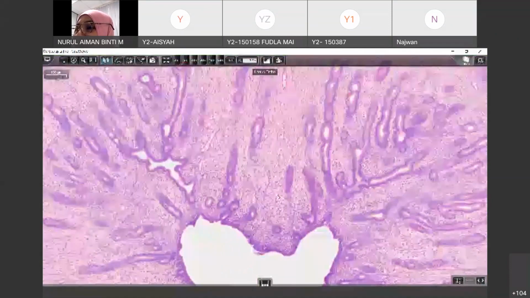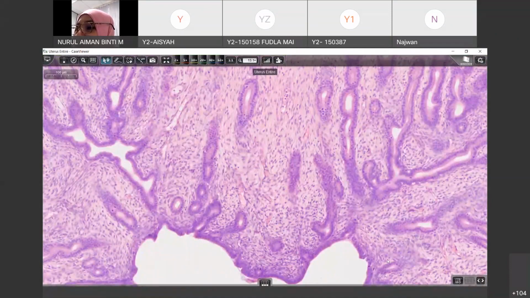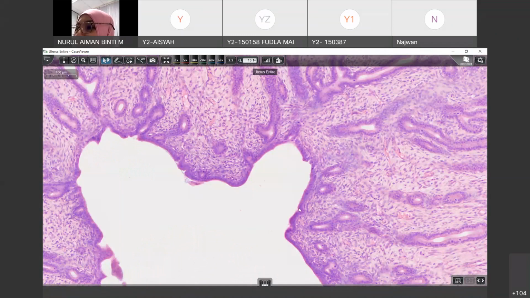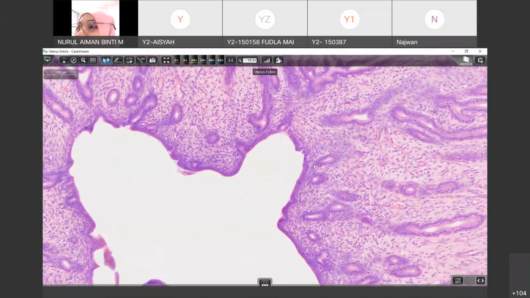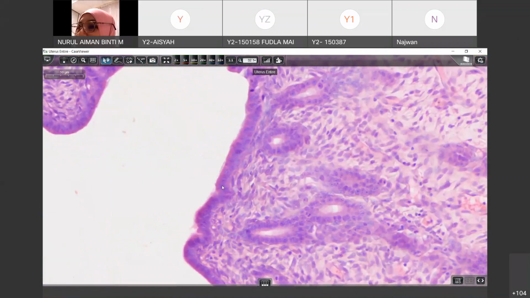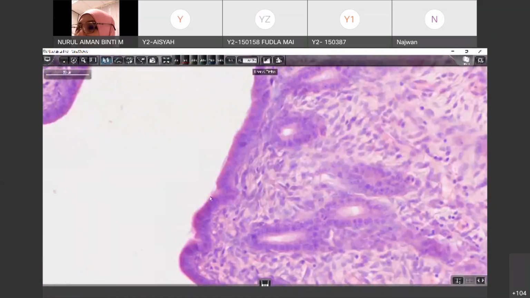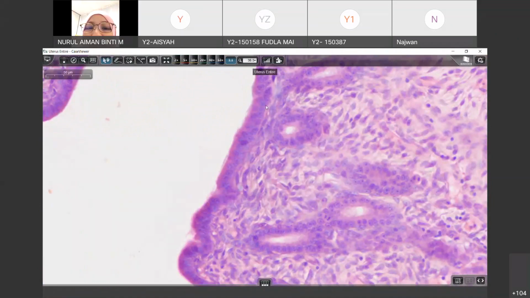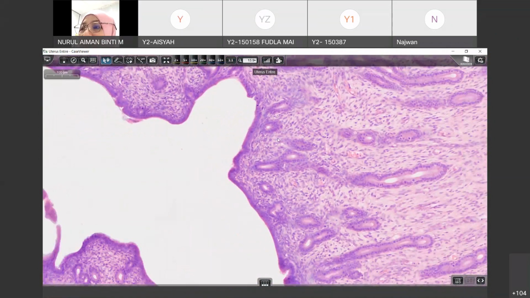What is the characteristic of the endocervix? I've been showing you to give the clue. What is this? Simple columnar epithelium. Very good, simple columnar ciliated epithelium.